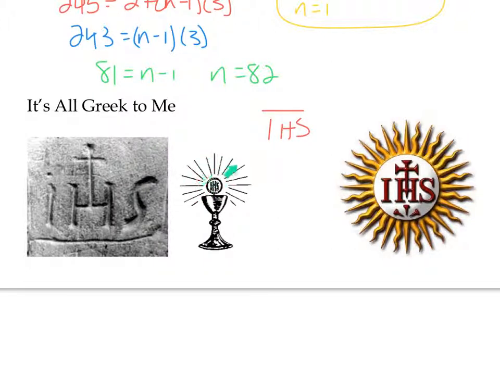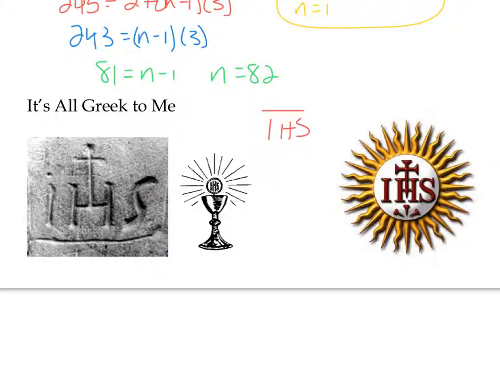The starburst of light from the host, the light of the Holy Spirit, turned into a sun in flames around the IHS symbol with a cross. Oftentimes you'll see it with 3 nails, for the crucifixion. So IHS began as the abbreviation for Jesus, the first 2 letters and last letter of the Greek spelling, along with the other symbolism that goes with that.